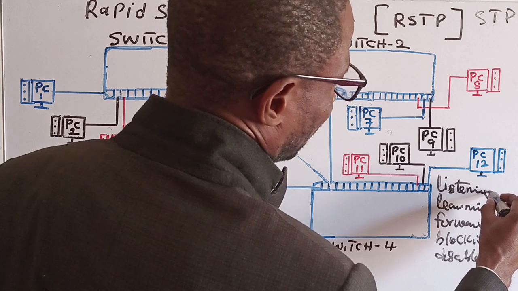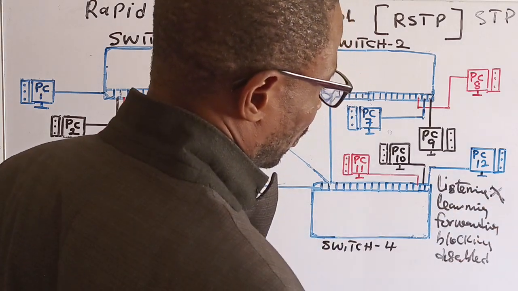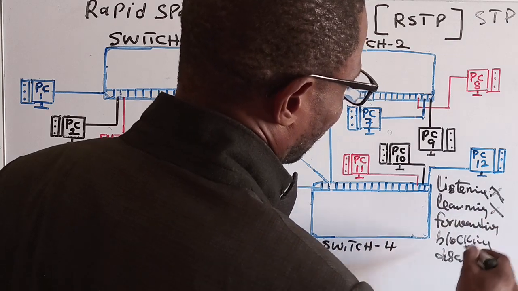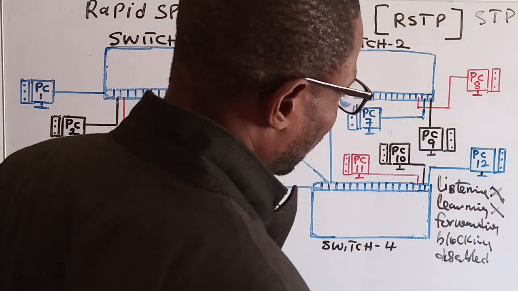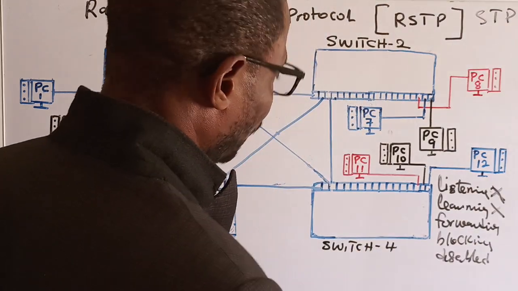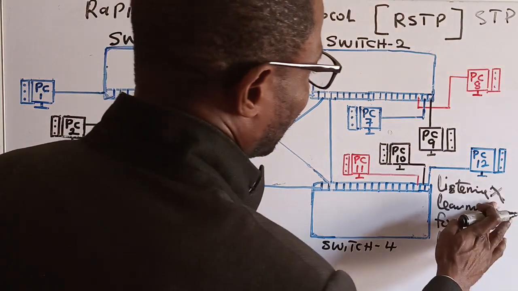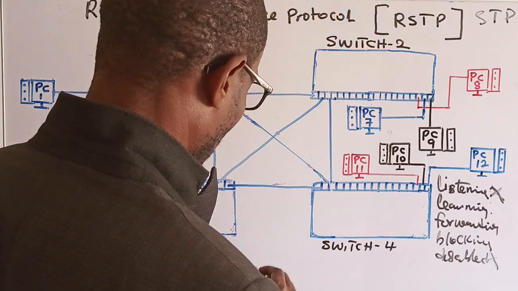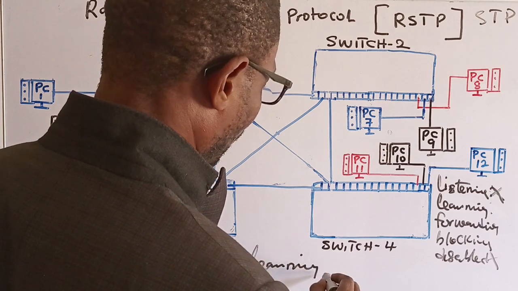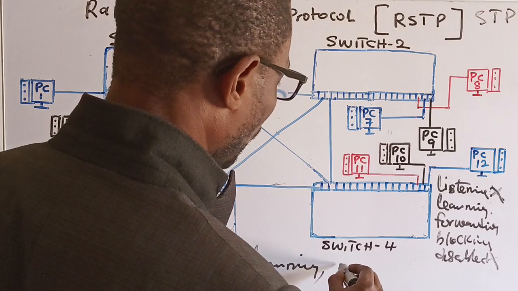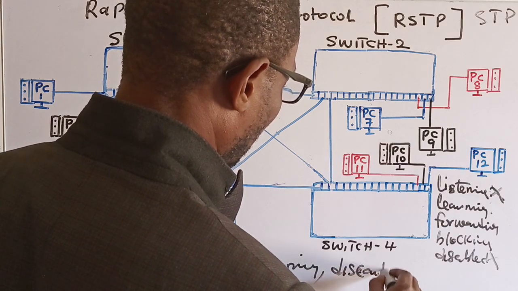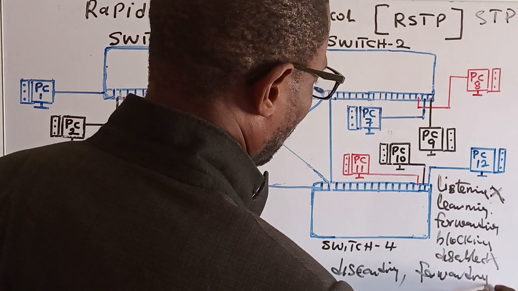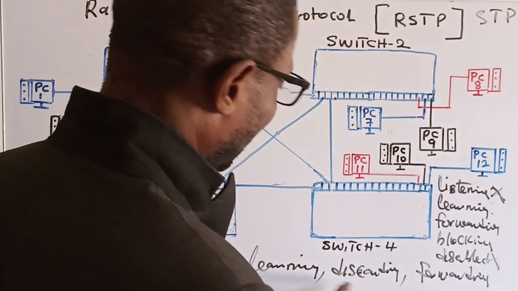But in Rapid Spanning Tree Protocol, there is nothing like listening. This is cancelled. Listening is cancelled, and you only have three states: learning, discarding, and forwarding.